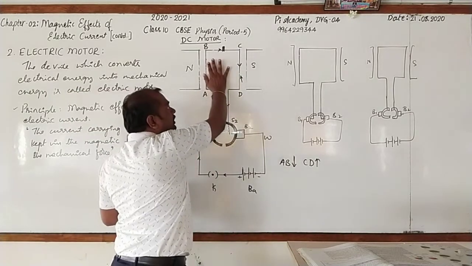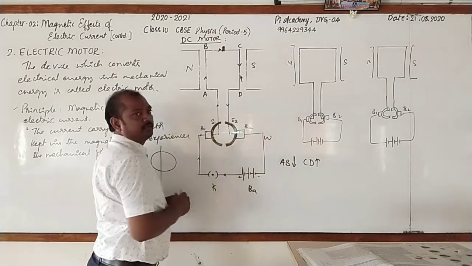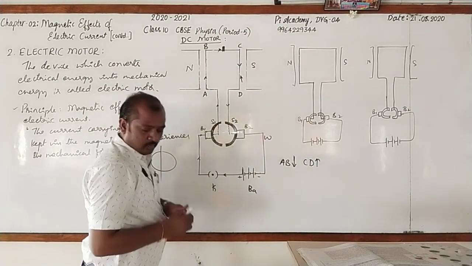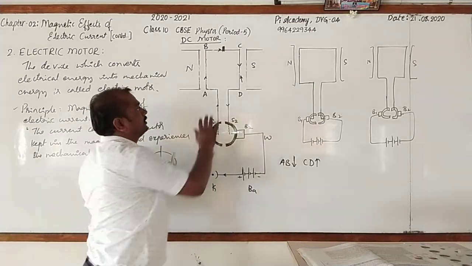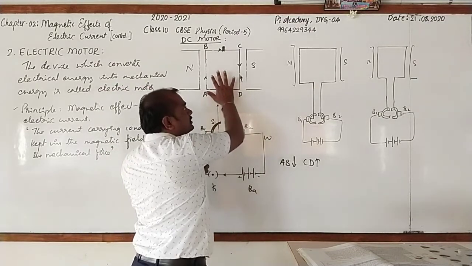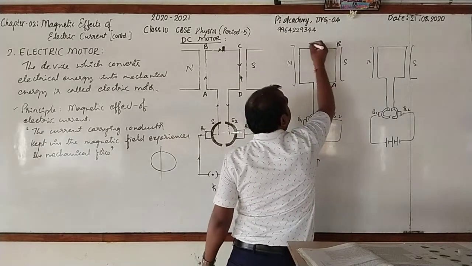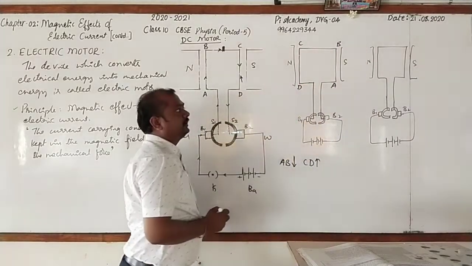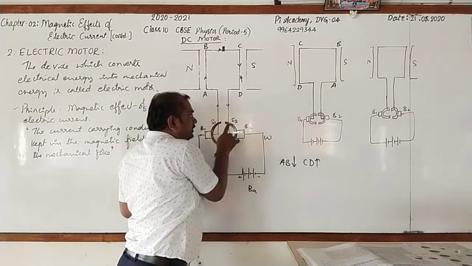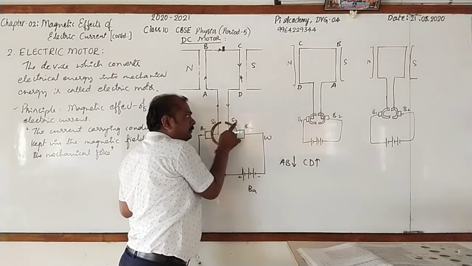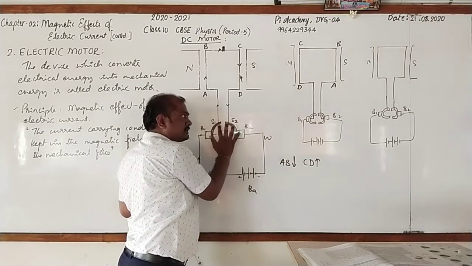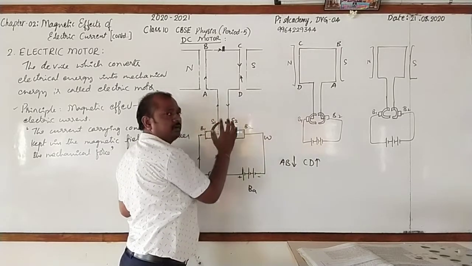Clear? When it completes half rotation, what happens? Here on right. Look here. Assume that it has completed half rotation. Then A will be here, B will be here, C will be here, D will be here. Got it? See, D actually is in contact with S2. We know that slip rings will also rotate along with the coil.